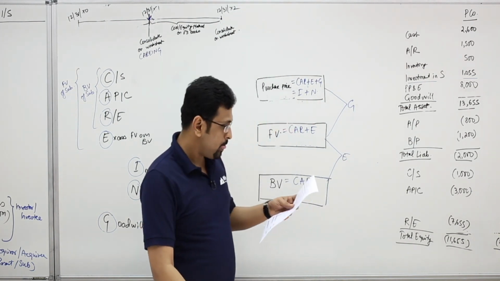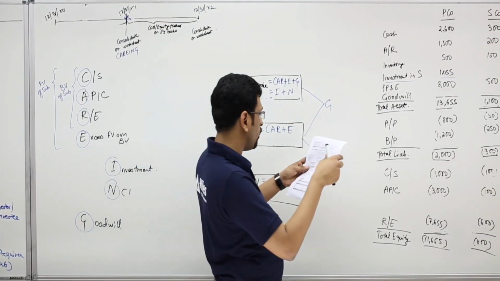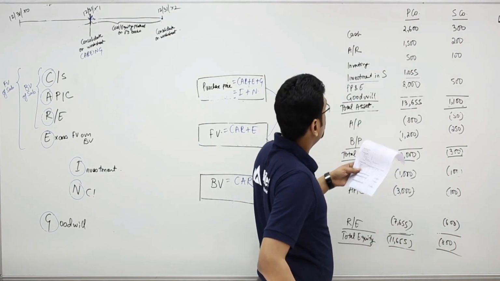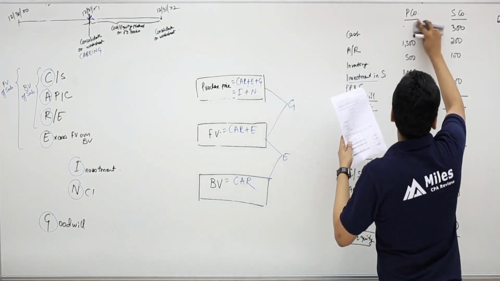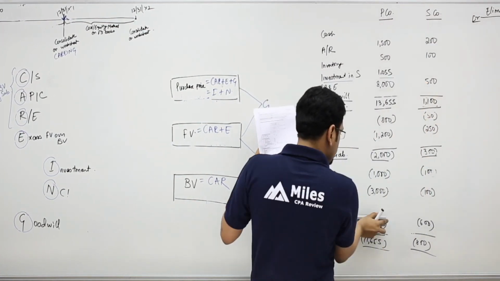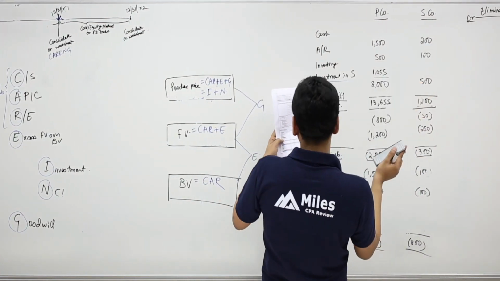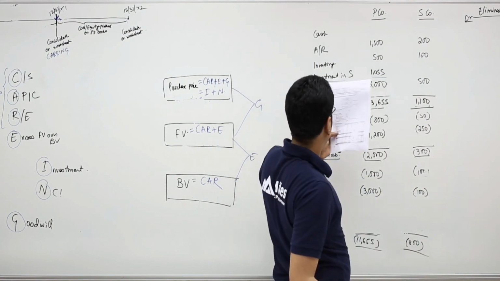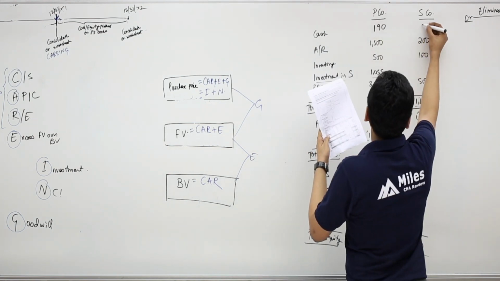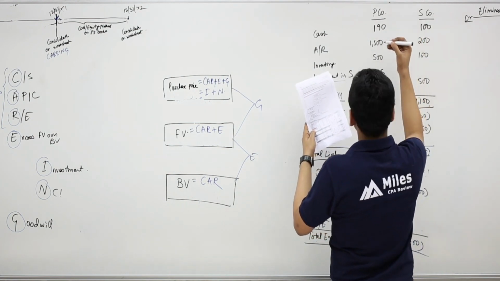So looking at the balance sheets of the parent company and the sub company before consolidation, let me just change the numbers and get the right numbers in place. Those numbers are going to be given to you on your CPA exams, so don't you worry about these. You have 190, that's the cash for the P company, and $100 is for the S company.